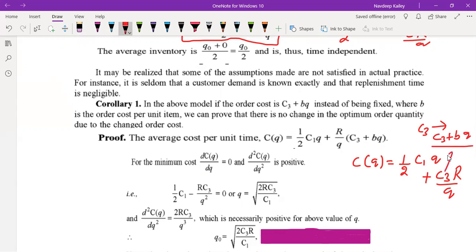Replace C3 with C3 plus BQ. Then the average cost per unit time is half C1Q plus R by Q times (C3 plus BQ).